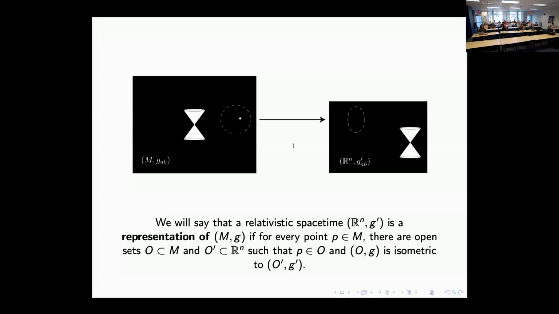Intuitively, a representation of M, G is a spacetime with underlying manifold Rn that captures the metric G, but chunked up differently. It reflects the structure of M, G in the following sense: this part of M, G is isometric to this part of Rn, G prime, and this part of M, G is isometric to this part of Rn, G prime. But we're guaranteed that our underlying manifold on the right-hand side is Rn, which is going to be important because we're trying to build up a collection of privileged coordinates which are maps to Rn. So that's why we're doing what we're doing here.